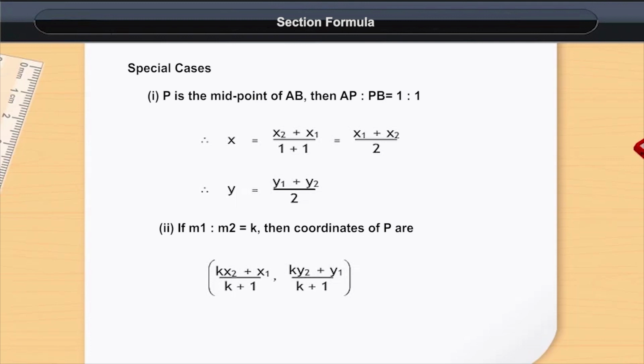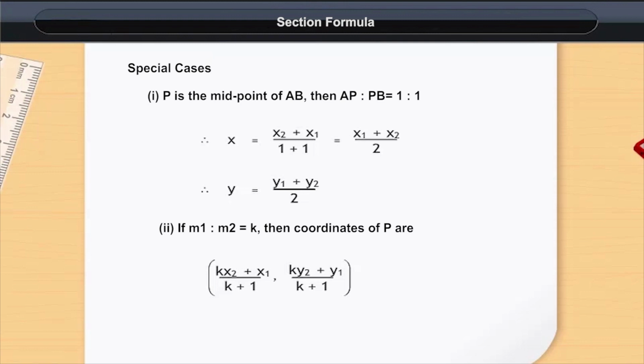Case 2. If m1:m2 is equal to k, then the coordinates of P are (k multiplied by x2 plus x1) divided by (k plus 1) and (k multiplied by y2 plus y1) divided by (k plus 1).